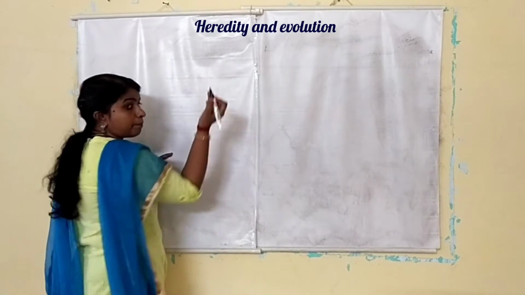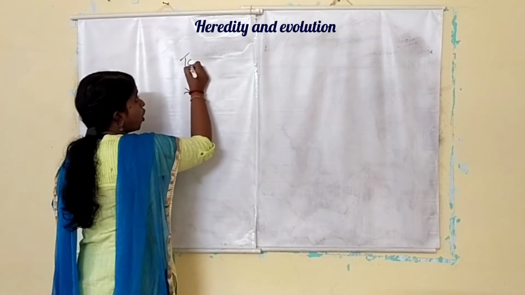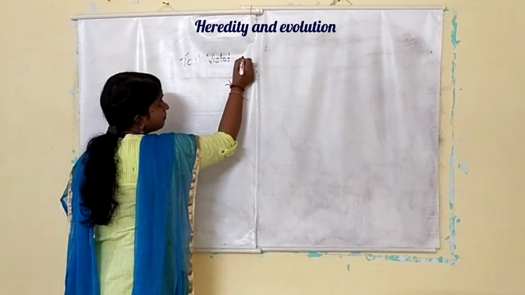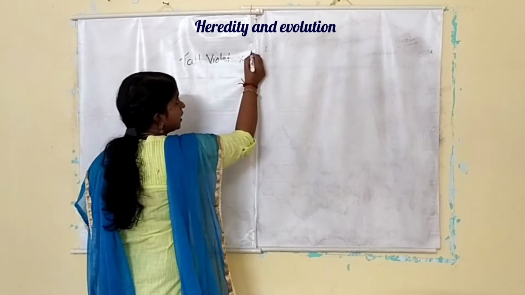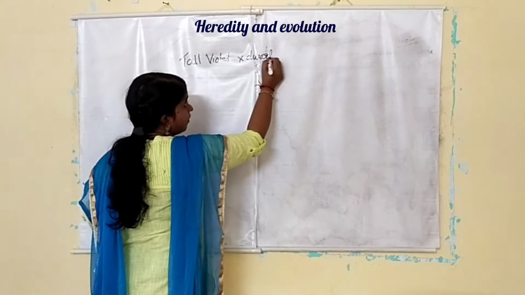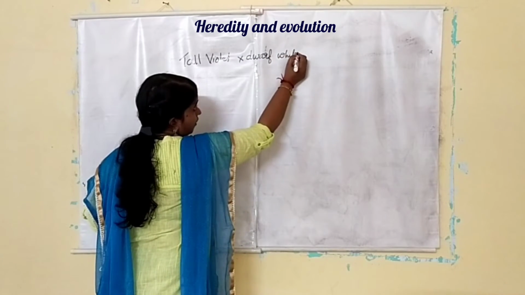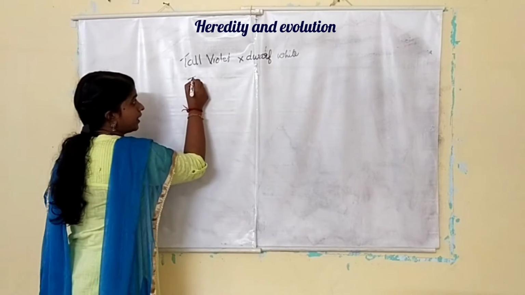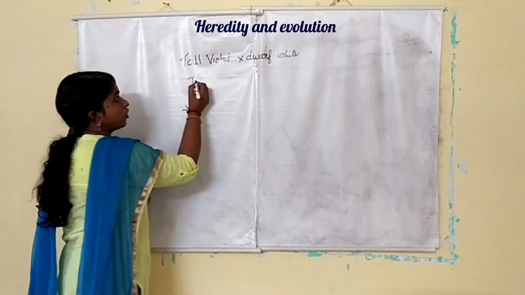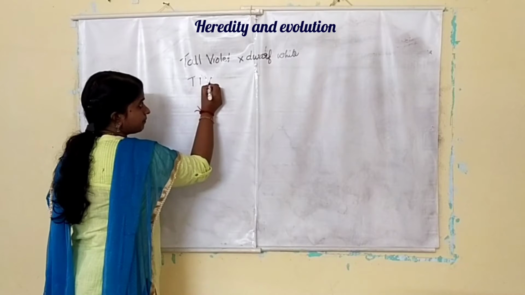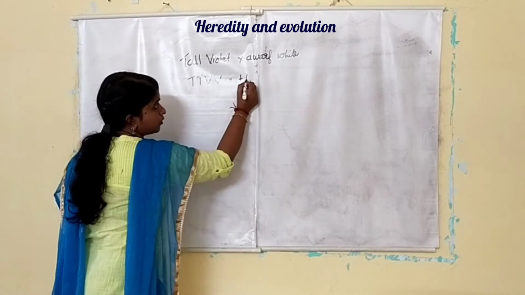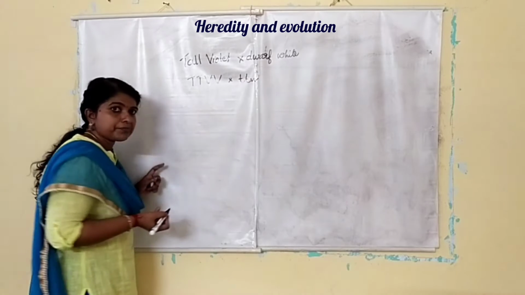So the parents are tall with violet flowers, crossed with dwarf with white flowers. Here we can represent the genotype like this, into dwarf, small t, small t, small v, small v.